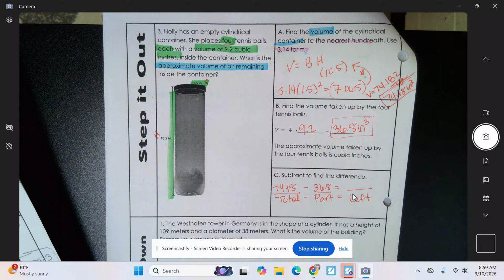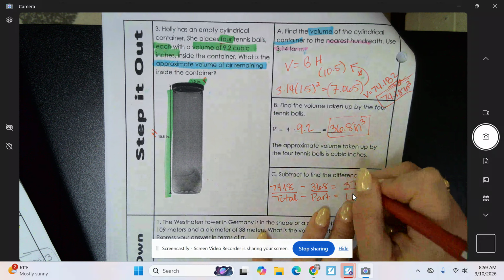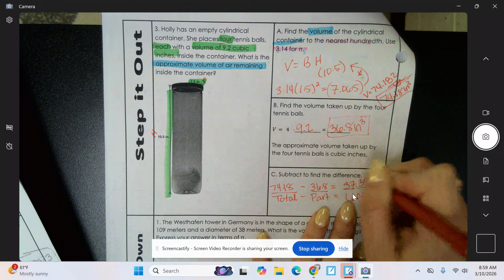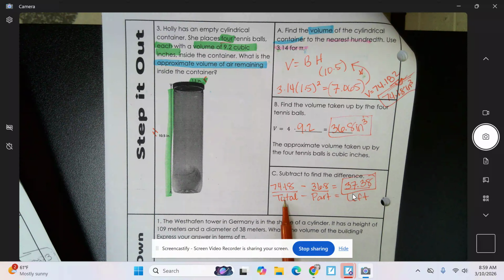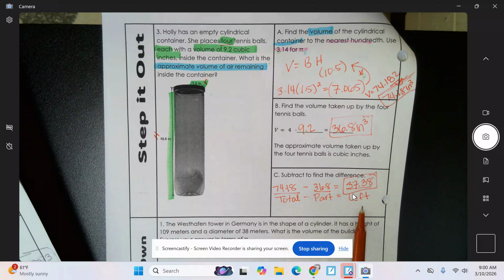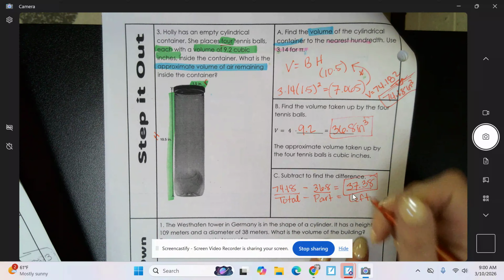Try that again. 174.18 minus 36.8. That one's more realistic of what you might have to do. Total minus the part equals how much is left over.